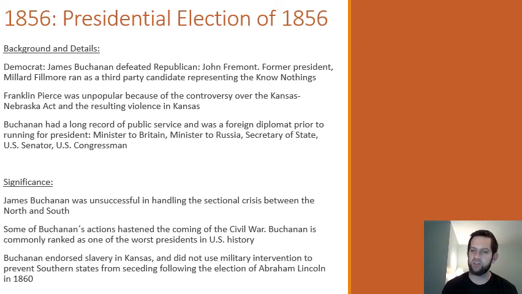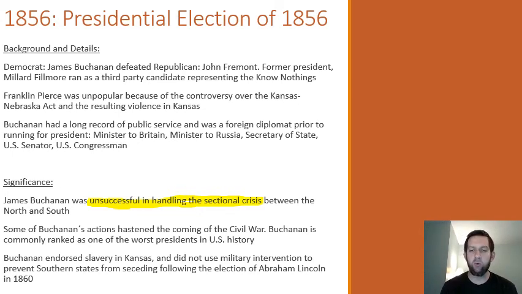And we needed a president who was going to solve our problems, to take a firm stand. And what James Buchanan is mainly known for is he's unsuccessful in handling this crisis between the North and South, right? We needed a gung-ho president, and instead we got another one of these guys who just wanted to defer to Congress and just kind of avoid the trouble, avoid the drama, okay?